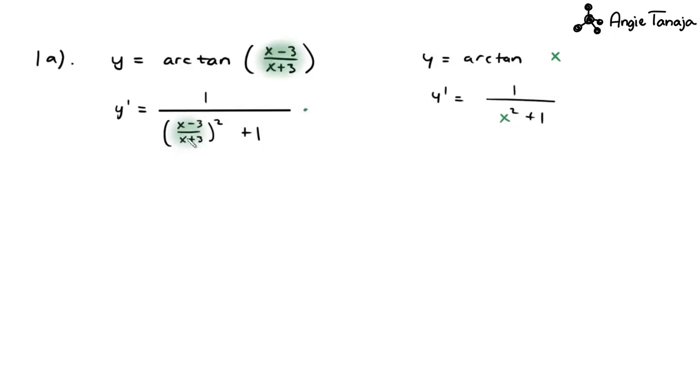And the derivative of this will be quotient rule. So it's simply u prime v minus u v prime over v squared.